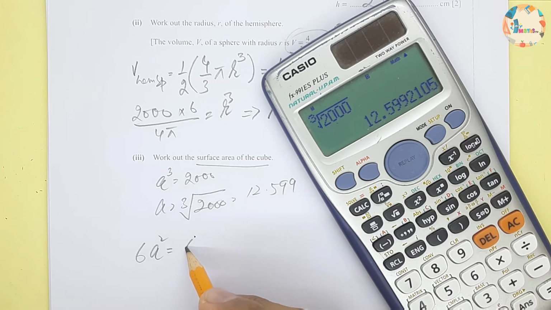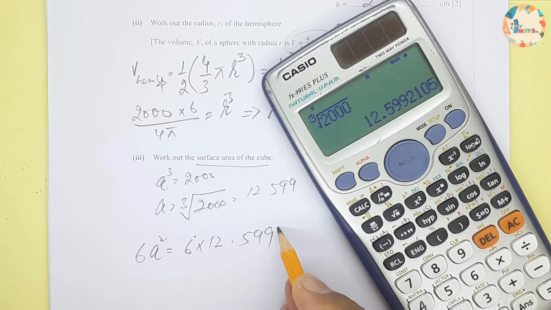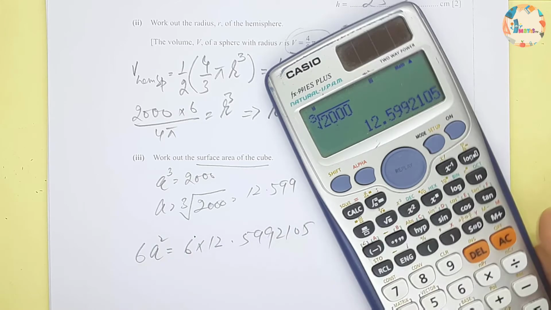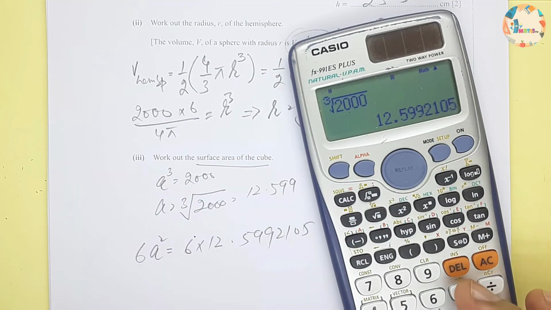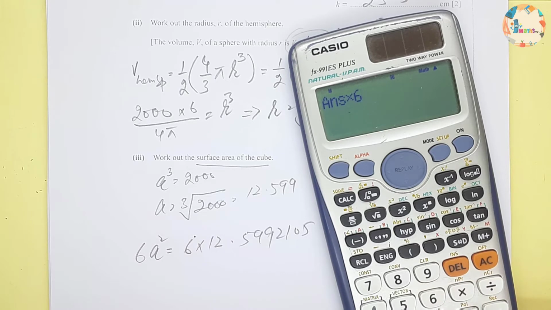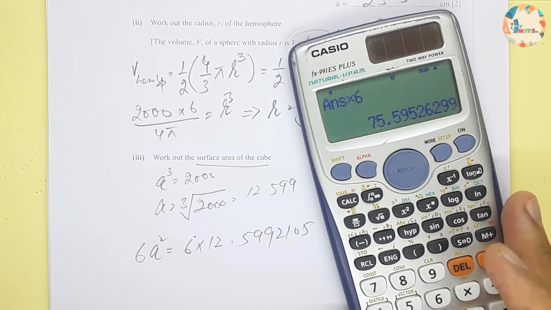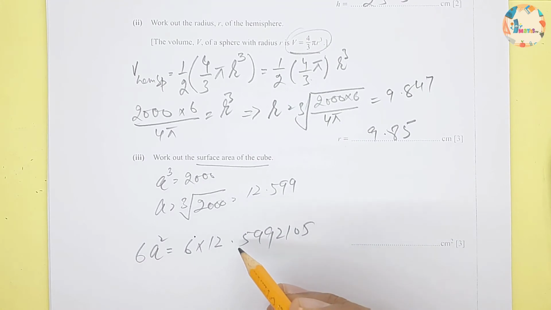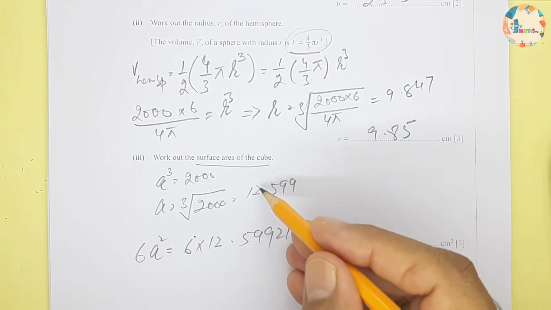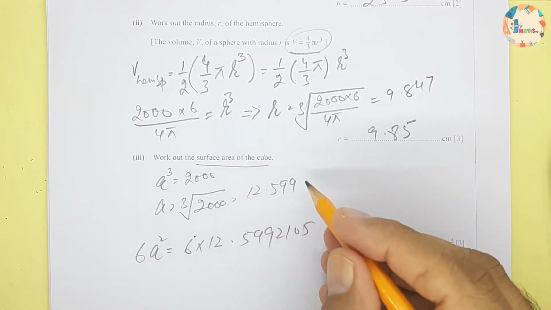So 6 into 12.599, 2105, I think so, this one. So this will be multiplied by 6. Basically, this is the value of a, so we have to take the square of this first.